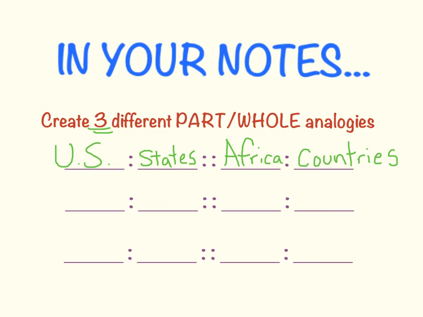So I've got U.S., which is my whole, is to states, which is my part. States are part of the U.S. Just like Africa, my whole, has many countries. You could even make a bridge sentence that says the United States is made up of states, just like Africa is made up of countries.